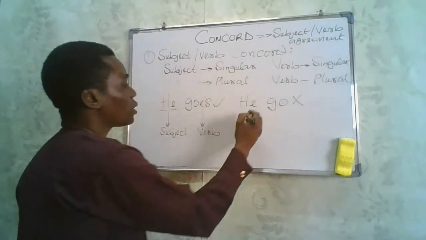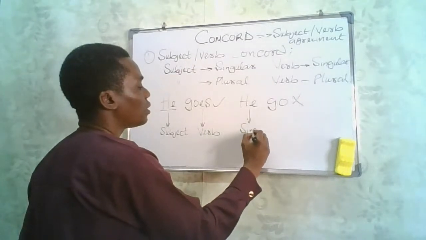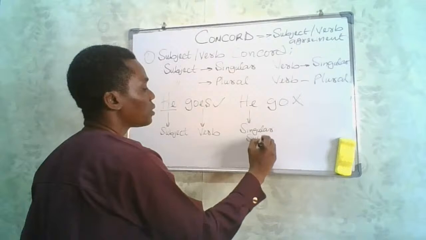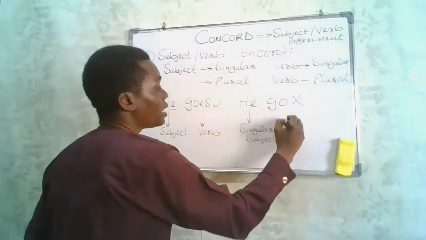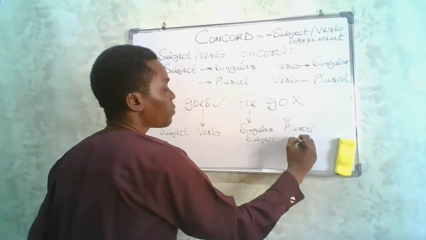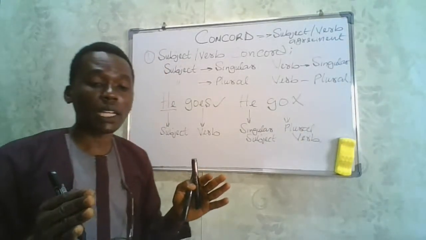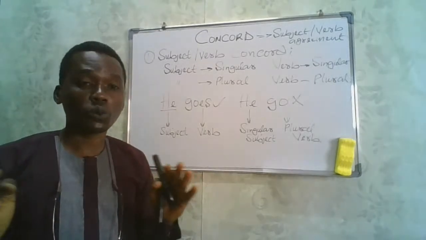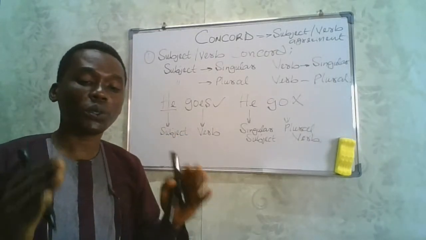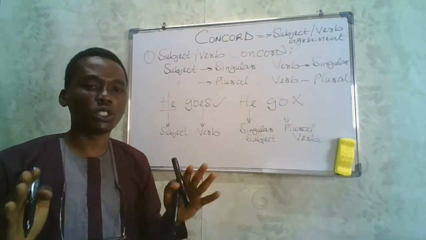So "he go" is wrong because the subject is singular but the verb is plural. You see, it doesn't rhyme, and that is why it won't work. So when the subject is plural, the verb should also be plural. That's the point you should note.